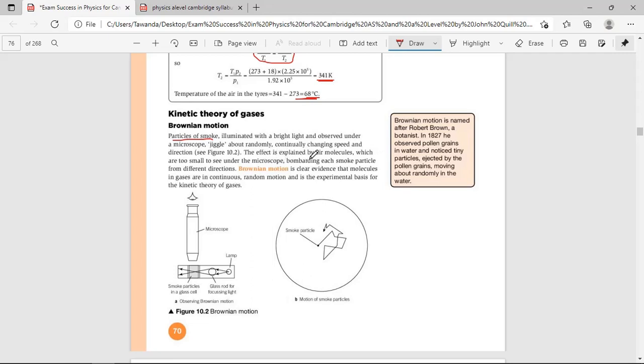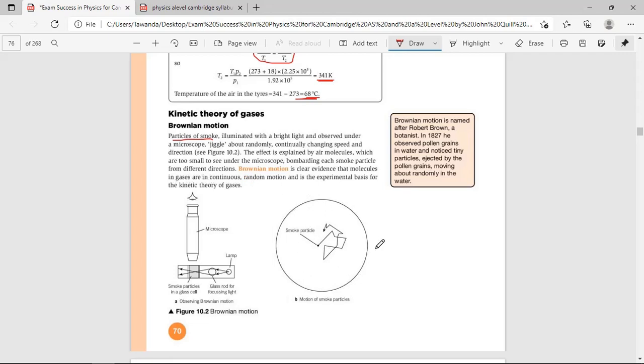The effect is explained by air molecules, which are too small to see with the microscope, bombarding each smoke particle from different directions. The Brownian motion is clear evidence that molecules in gases are continuous and random in motion, and the experiment is the basis of the kinetic theory of gases.